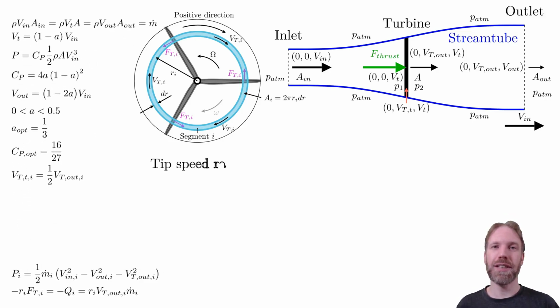Now, introduce the tip speed ratio lambda as r omega over V in. The radius is the full radius of the turbine. Omega is the rotational speed of the turbine. R omega will therefore be the movement speed of the blade.